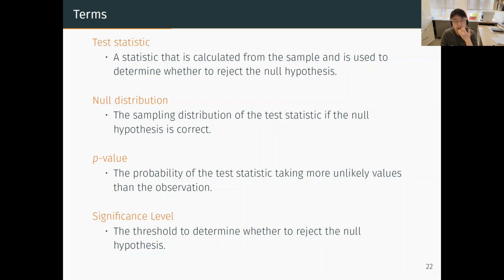Then we decide how much we are going to deny from the free cancellation policy. So test statistic, null distribution, p-value, significance level, these are the main statistical terms that correspond to each of those steps, right? I hope you get the idea.